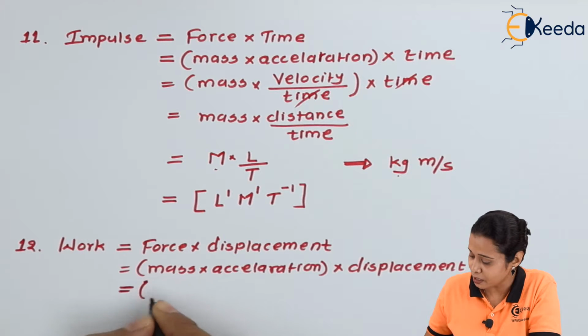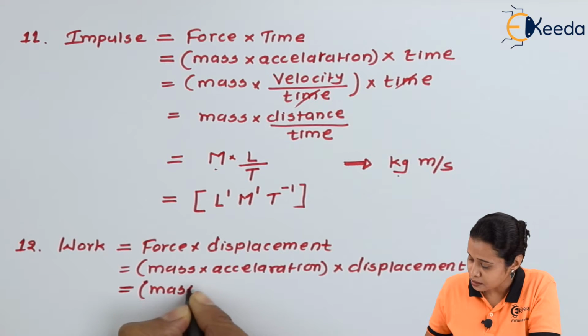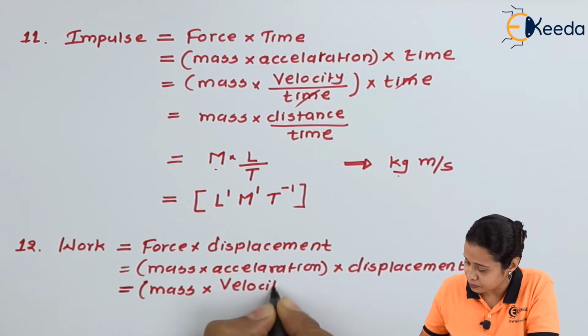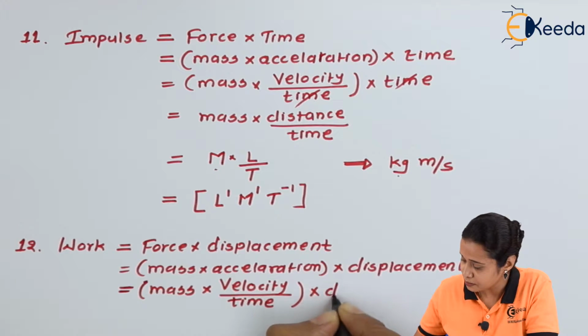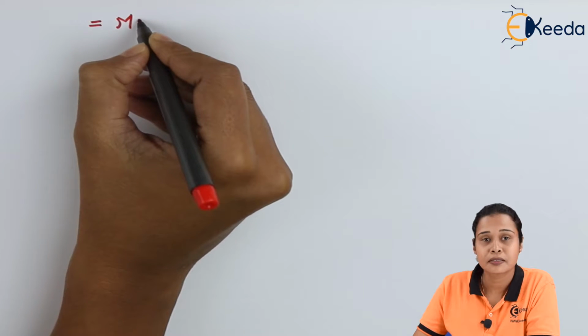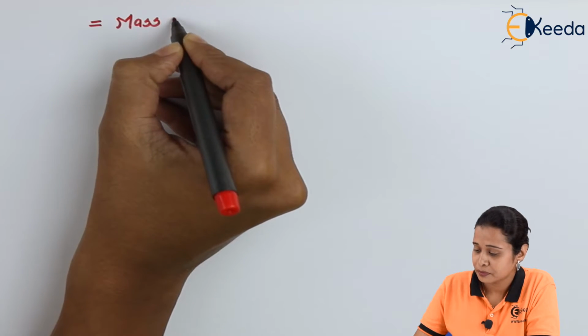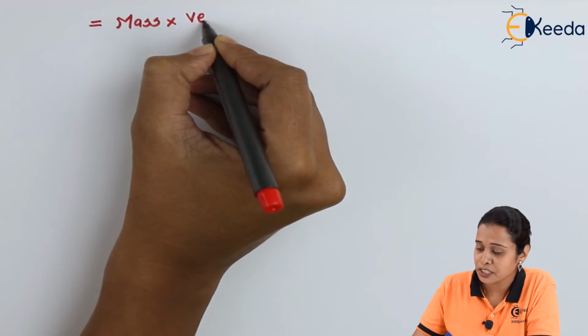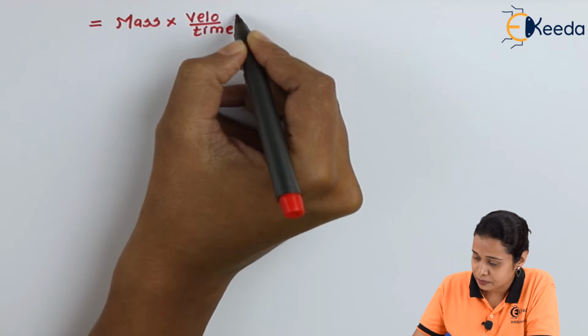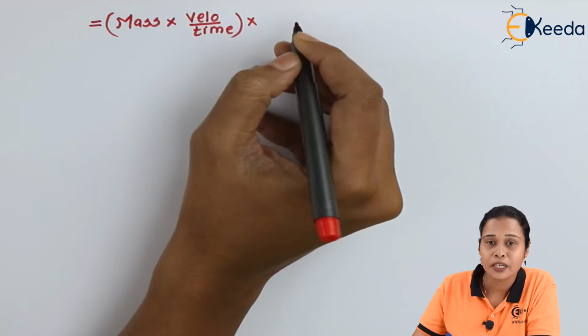So here we will write down mass, acceleration is velocity per unit time, into displacement. So here we will write mass into velocity per unit time into displacement.